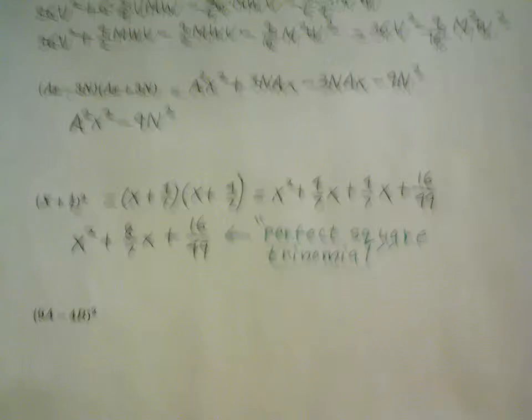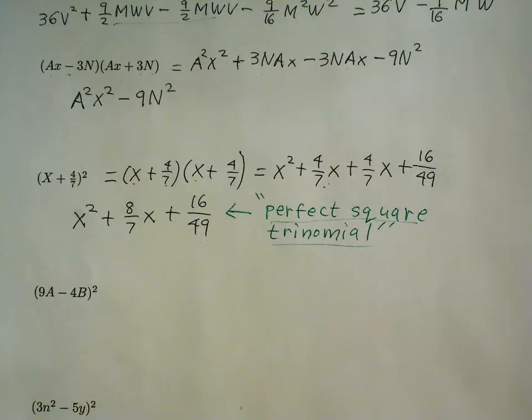Okay, in the next example, we have the binomial 9a minus 4b to the second power. The result is going to be a perfect square trinomial because we're squaring a binomial.